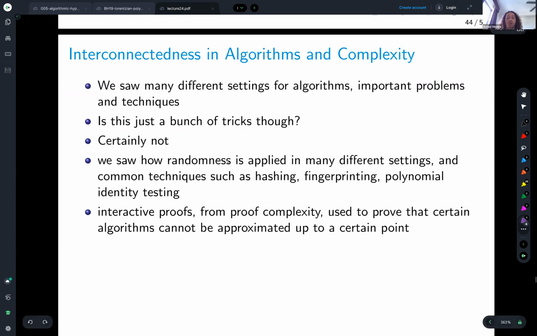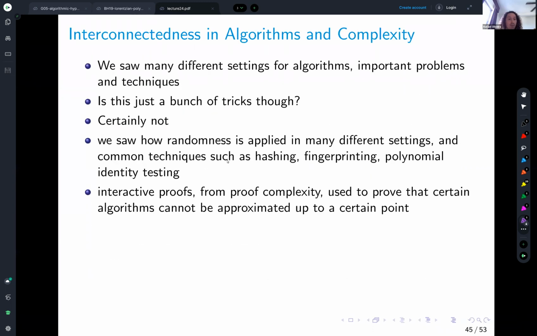So when we understand randomness a little bit more and probability, then we're able to apply this to many settings, right? We also saw how we can learn about interactive proofs, which is something that comes from proof complexity and has nothing to do kind of with algorithms, to proofs that certain algorithms cannot be approximated up to a certain point, right?